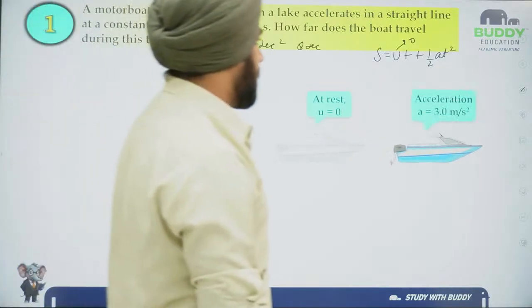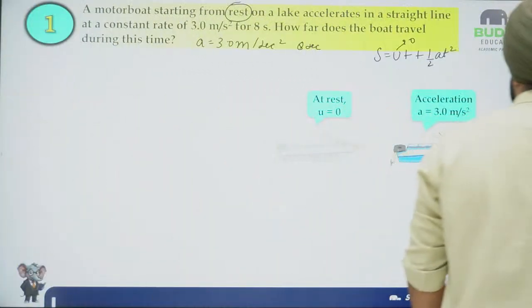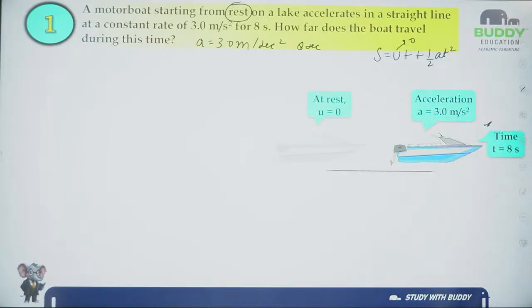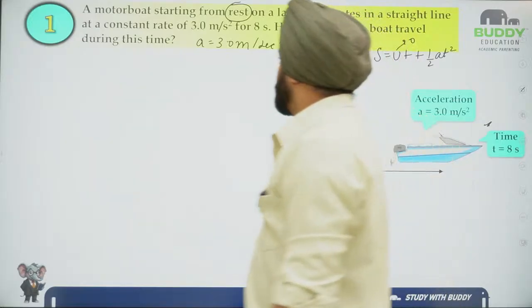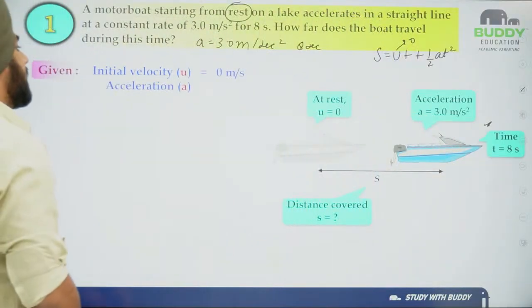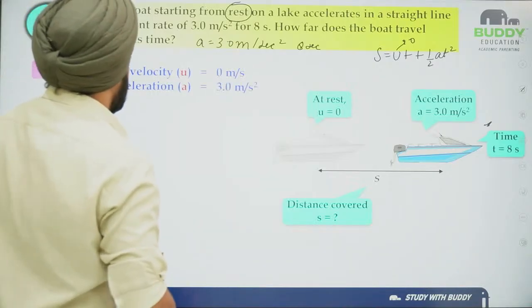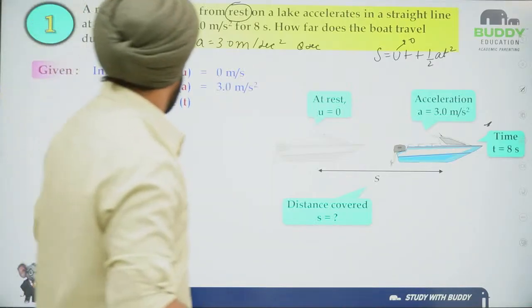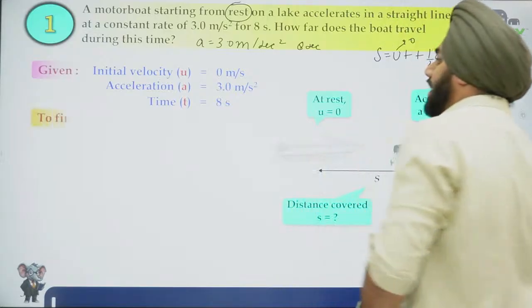Initially it was at rest, acceleration was given 3 meter per second square, time is 8 seconds, right? So you just need to find out the distance. For distance, the initial velocity is 0 meter per second, acceleration a is 3 meter per second square, time is 8 seconds.